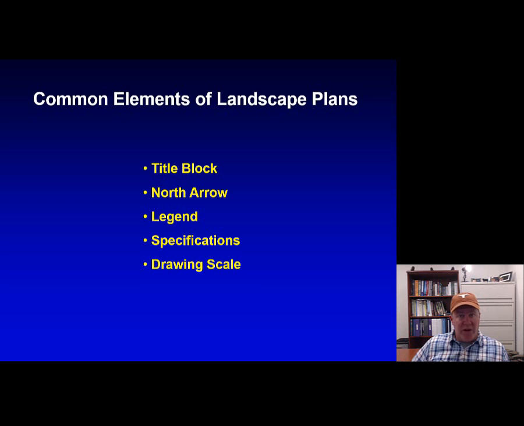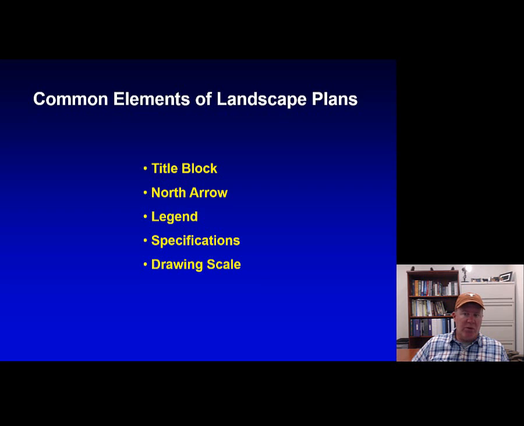You're probably going to see a lot of pre-printed drawings, and it just depends on what type of clients you're working for. Are you going to be installing plans that are drawn by hand, or drawings that are done with something like AutoCAD, RainCAD, or even Pro Landscape? It just really depends on where they're going to put the title block.